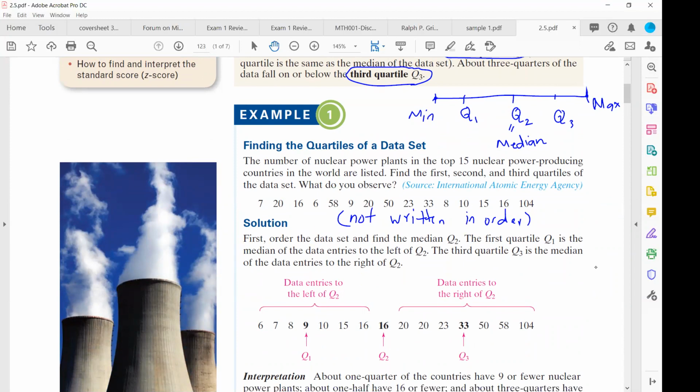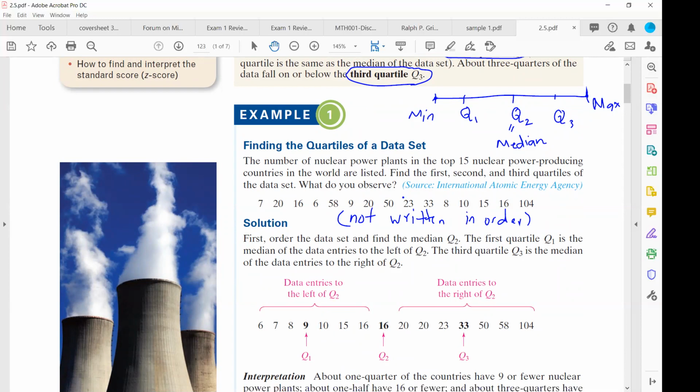Then you have 7. Then you have 8, 9, 10. After 10, we only have 15. Then it comes 16. We have another 16 in your data. Then you don't have any 17, you don't have any 18, you don't have any 19, but you have 2 20s in your collection.